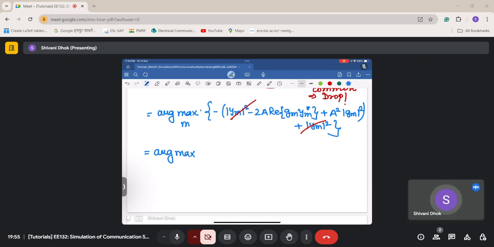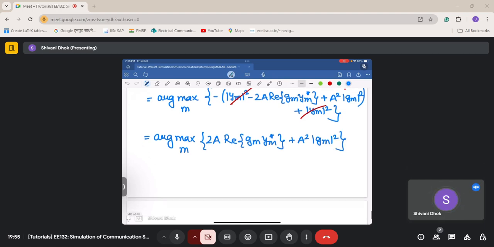And what we are left with is argmax. I can also multiply and divide by 2. Yeah, just keep it as it is. So what we will have is 2a real part of gm ym conjugate plus a^2 |gm|^2. I can write it a little bit differently. I can just multiply it by half uniformly for all m, nothing will change.